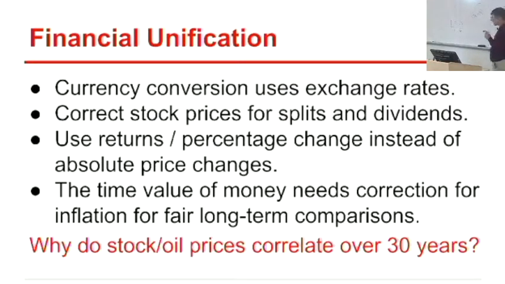One thing that's interesting is that when you're working with stock price data, there are certain weird things that happen, which, if you don't correct for them, give you the wrong idea. For example, when a company is successful, has anybody ever heard of a stock split? What is a stock split?